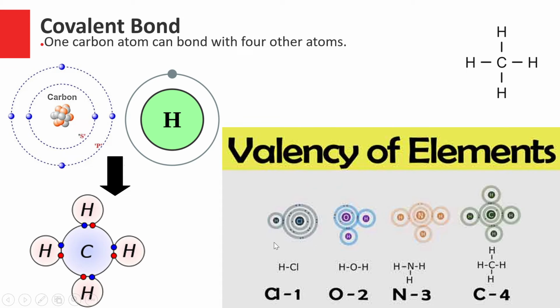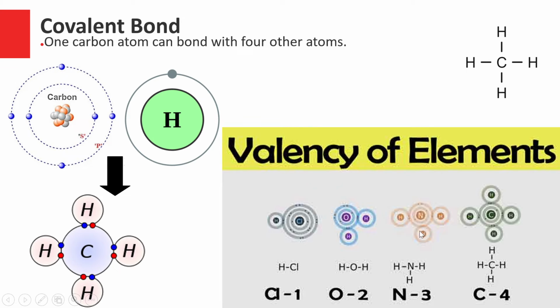So taking this concept, looking at other biomolecules, you have hydrogen chloride, where electrons are shared between a hydrogen and a chloride atom. You have water, where electrons are shared between an oxygen atom and 2 hydrogen atoms.